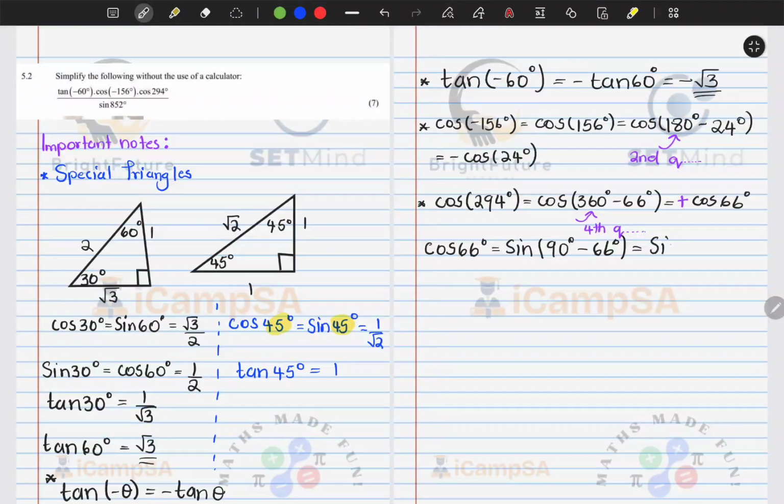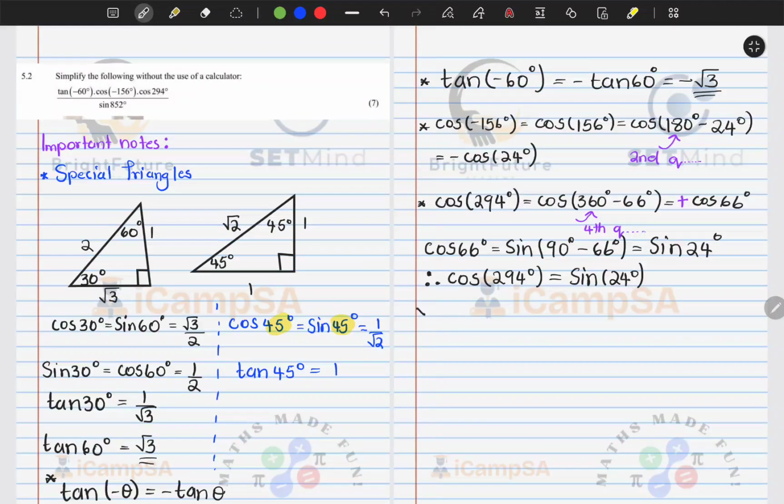And this just becomes sine of 24 degrees. Okay. So this means wherever we see that, we'll just put in sine of 24 degrees. So therefore, that cos of 294 is just the same as sine of 24 degrees.